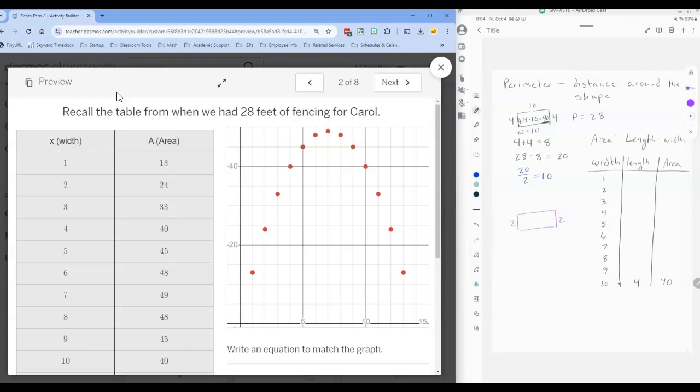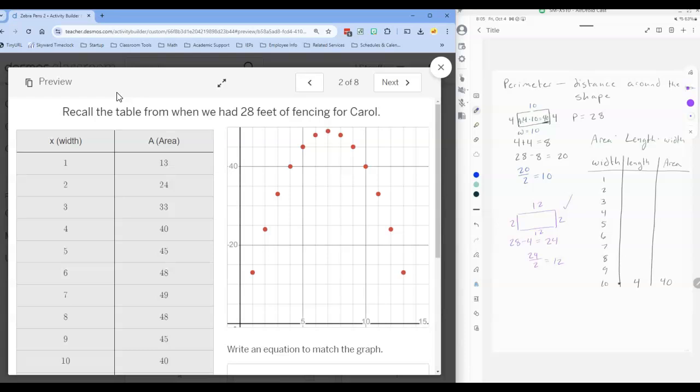And 2 of those make 4. So if we take that 4 away from our total 28, we get 24 left. And we know that the remaining sides need to be half of that, so 24 divided by 2 should be 12. 12 on each side. And we can check that. 12 plus 12 is 24, plus 2 more is 26, plus 2 more is 28. That one does indeed work.